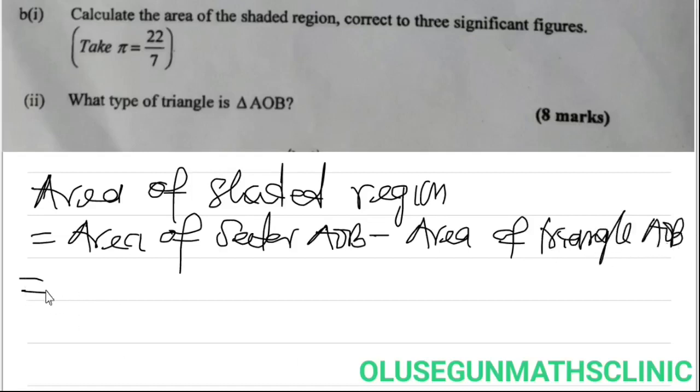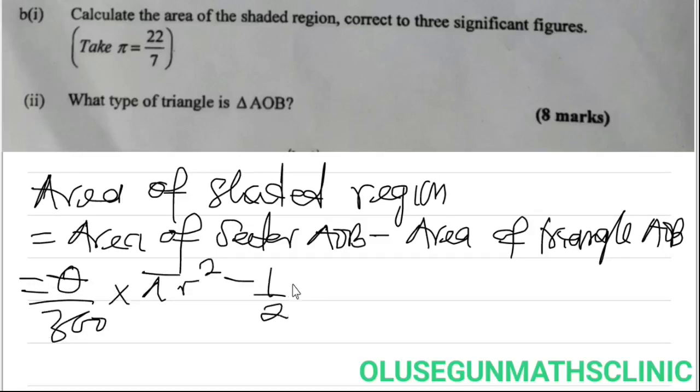Therefore, the formula to use is theta over 360 times pi r squared minus 1 over 2 r squared sine theta.